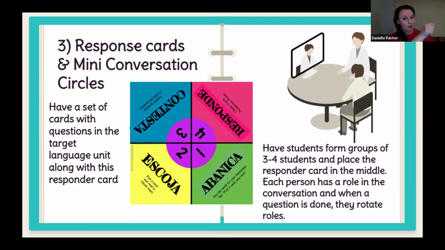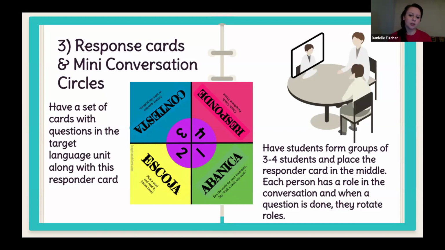They just have to hold a card up. So they want to engage with it. And you can put those cards in the target language, cierto, falso. Or it can be a multiple choice where you have opción A, opción B, option A, option B, those kinds of things. So the response cards can be used in several different contexts depending on your activity.